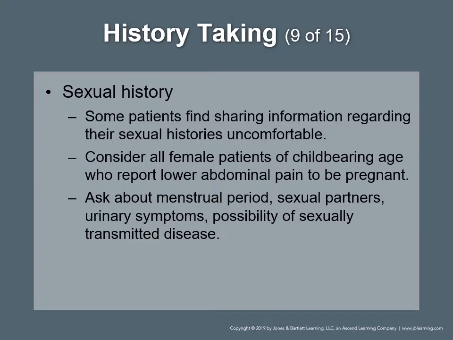Okay, sexual history. It's really difficult for adolescents to talk about their sexual history in front of their parents. So sometimes it's important to kind of separate them when you're asking those sensitive topics. Honestly, any female having abdominal pain, one of those differential diagnoses that you have are pregnancy issues.